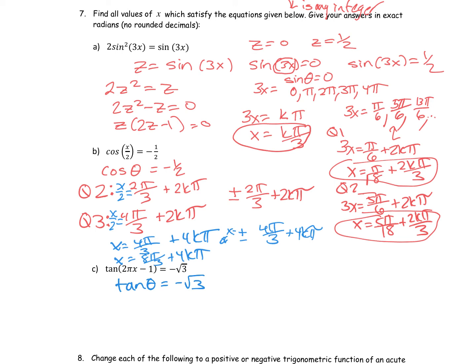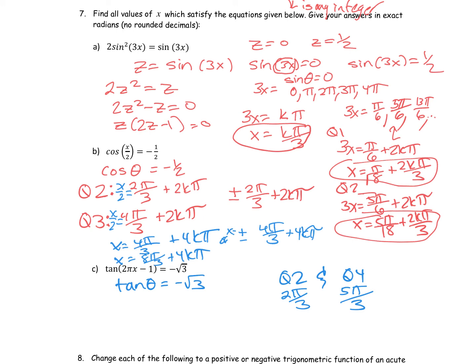But if I'm thinking of solving this, first thing again is I think of where is tangent negative, and it would be in quadrants 2 and 4. And let's just figure out what are the angles between 0 and 2 pi. Well, tangent of pi over 3 gives me root 3, so that's my reference angle. So I'm going to have 2 pi over 3, and the quadrant 4 angle is 5 pi over 3.